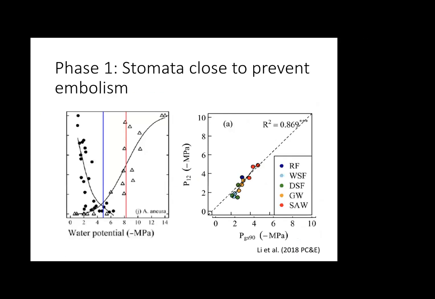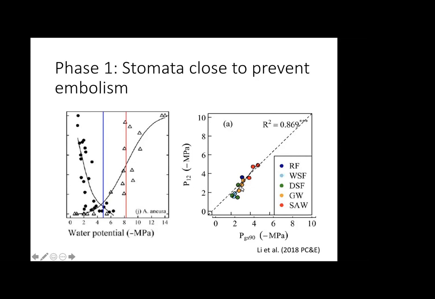More than that, what Li was able to show was that stomatal closure seemed to occur in time to prevent the onset of embolism. Across all of the different species that he had, he looked at stomatal closure as a function of leaf water potential, and the onset of hydraulic conductance loss as a function of leaf water potential, taking the point of stomatal closure as 90% stomatal closed and the onset of hydraulic failure as 12% loss of conductivity.